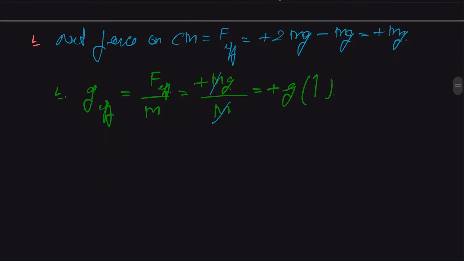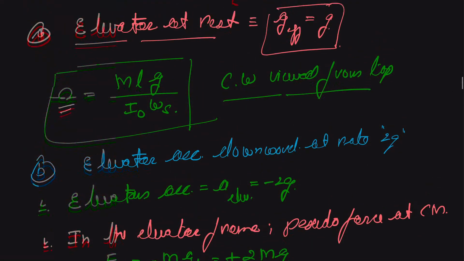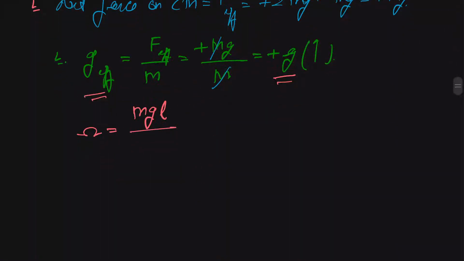So once again, this precession omega will be equal to m g l, because G effective is equal to g. Nothing is going to change. We had m g l upon I naught omega s, so the magnitude is going to remain the same. The only thing that changes is the direction.